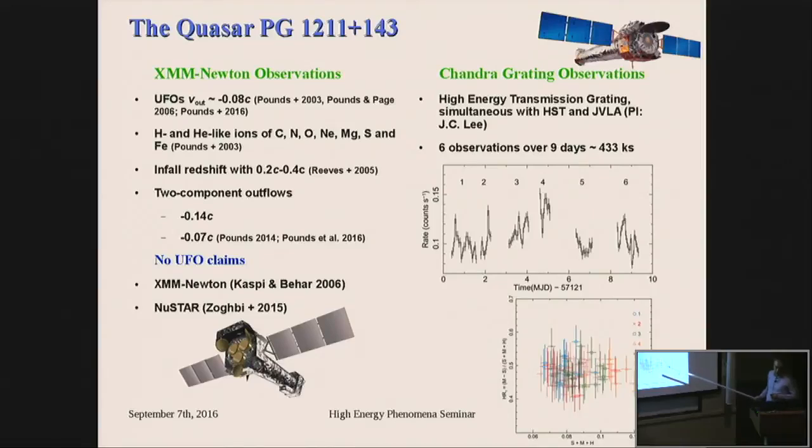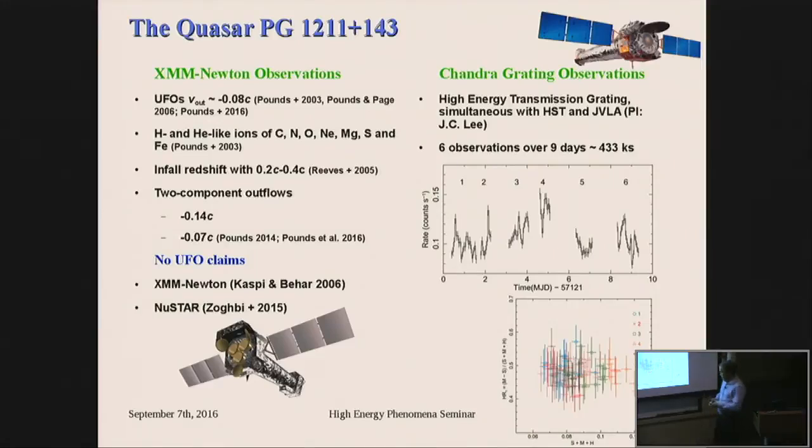We observed PG1211, which was previously observed with XMM-Newton. Pounds, in this object, observed it several times with XMM-Newton, and since 2003, Pounds has detected an outflow velocity of 0.08 speed of light. And this outflow velocity has been detected in several warm absorbers of carbon, nitrogen, oxygen, neon, sulfur, and iron.